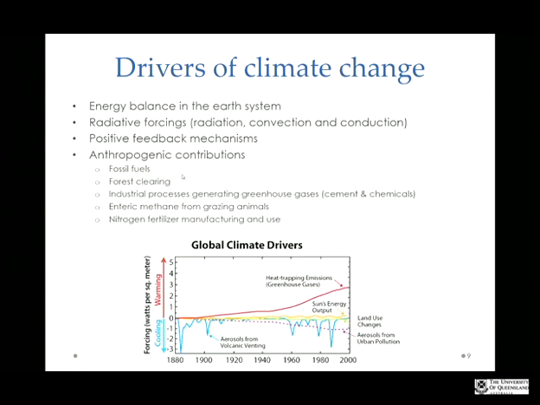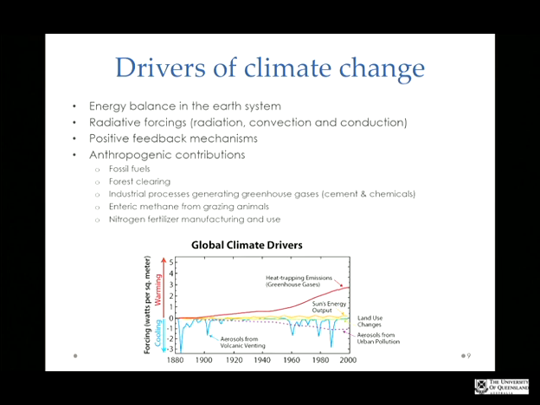And then we have, on top of that, the natural system, which has been around varying for a long time. We have anthropogenic contributions. And these come a lot from fossil fuels, a lot from forest clearing, because trees are a negative feedback on the Earth's climate. A lot from industrial processes that generate greenhouse gases, particularly things like cement, which is a carbon dioxide emitter.